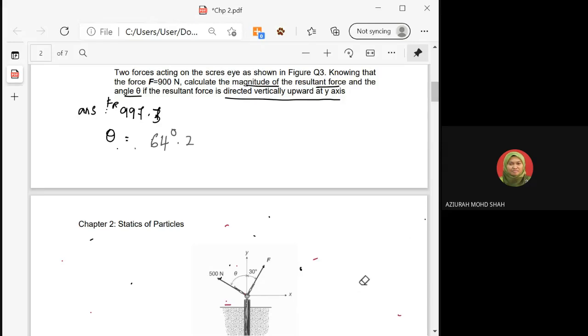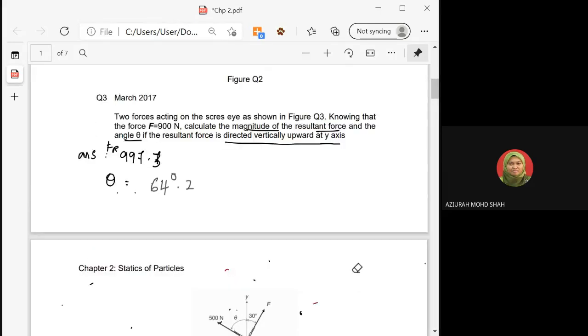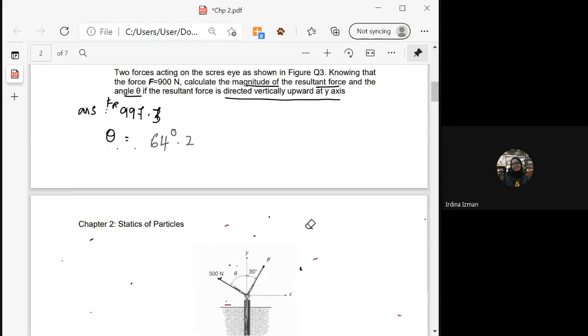So you check back your notes. If it is question 3 that we do last week, is this the answer that you obtained? Yes, madam. Yeah, right. Okay. So the best is for today, you buat dekat page sebelah dia lah supaya nampak comparison. Kalau ada kertas, then you boleh slot in dalam you punya notes lah.